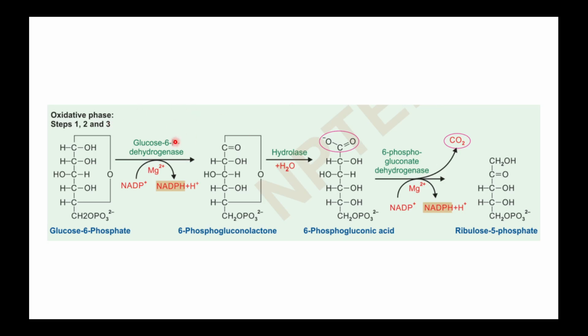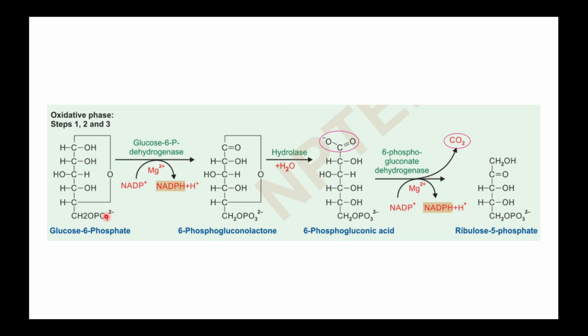So from the ketone we have a COOH group, that is the acid group. Okay. So we started with glucose 6-phosphate, it got converted into 6-phosphogluconolactone by glucose 6-phosphate dehydrogenase. Then we have hydrolase that will break the lactone ring and form 6-phosphogluconic acid.